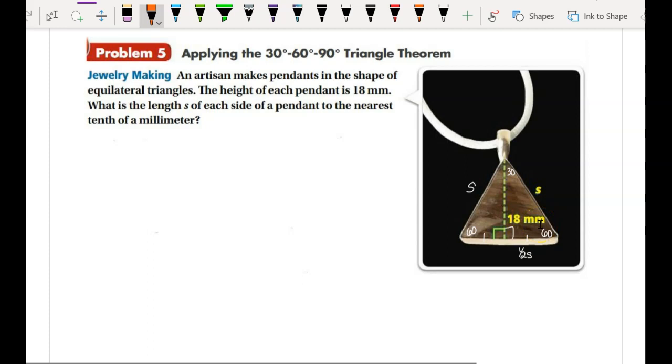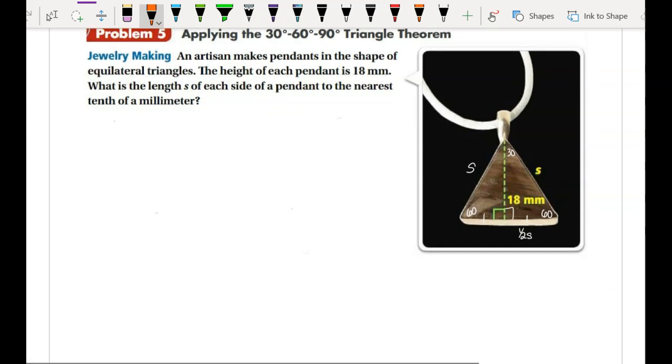So now let's see what we can figure out. The only number I have on the length of the sides is 18, so I know I'm going to need that. This is the long leg, and the long leg is equal to the short leg times the square root of 3.